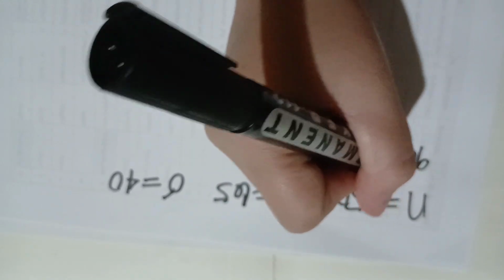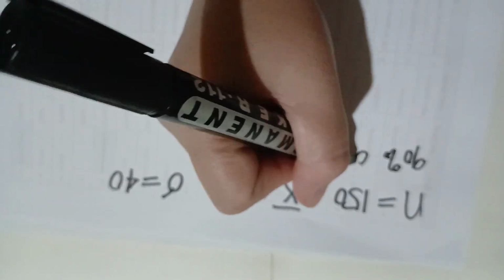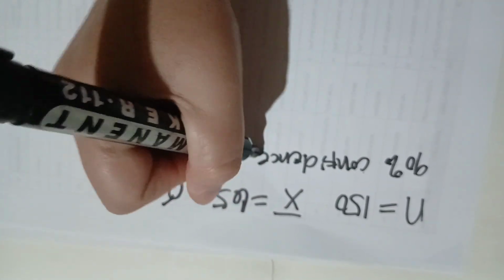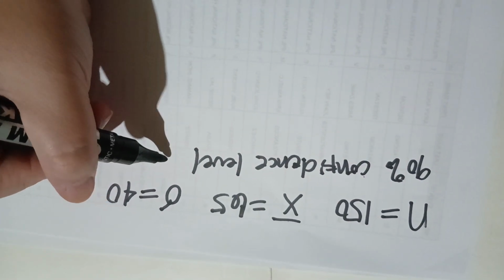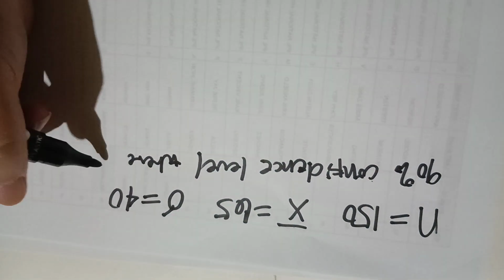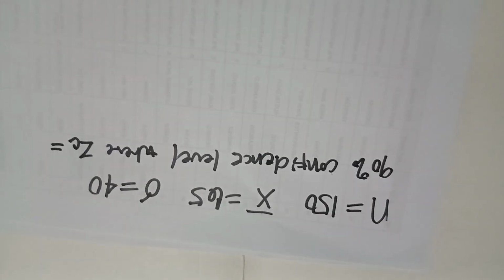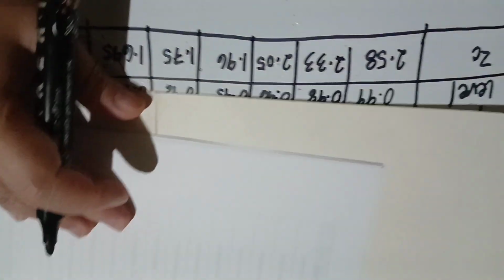For the 90% confidence level, we look for the coefficient equivalent in our table of the confidence level at 90%.